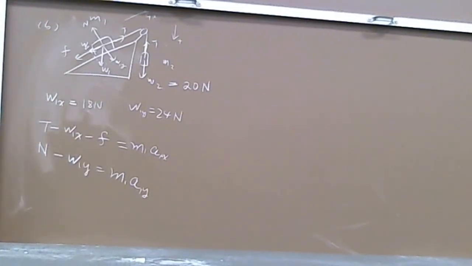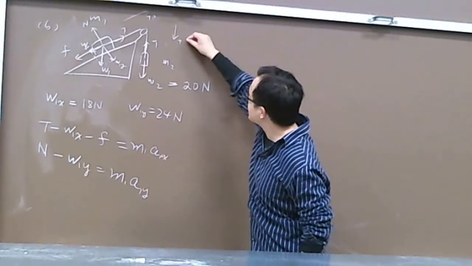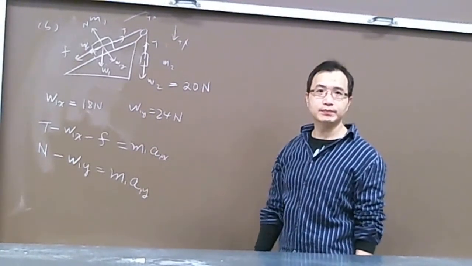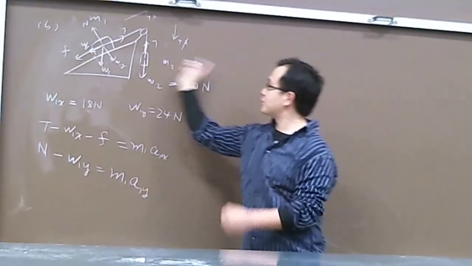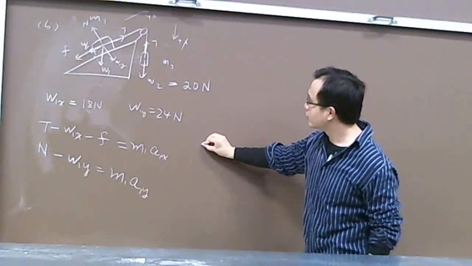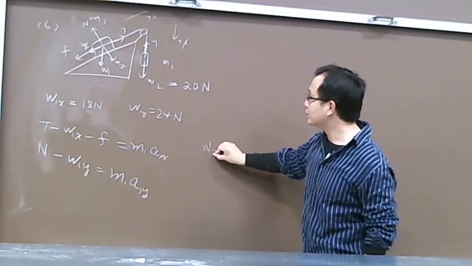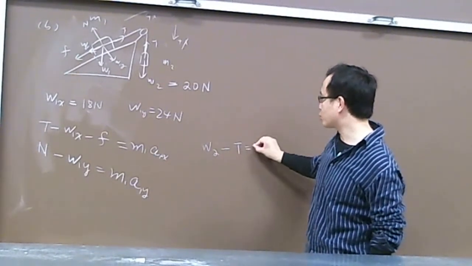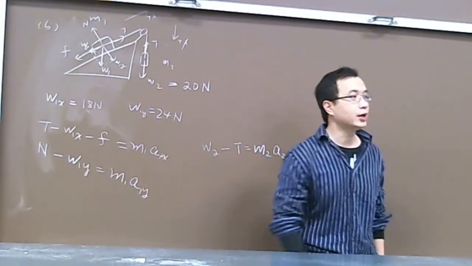That's the two equations for M1. And for M2, if we call this the positive x direction, there is nothing happening along the horizontal direction, so it has only one equation: W2 minus T equals M2A2x.